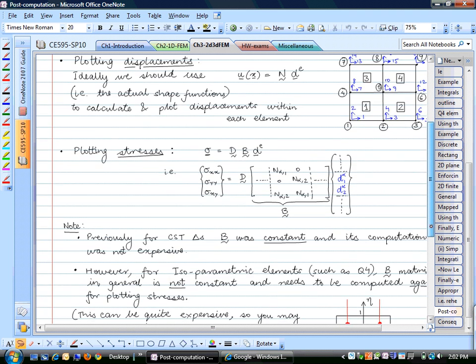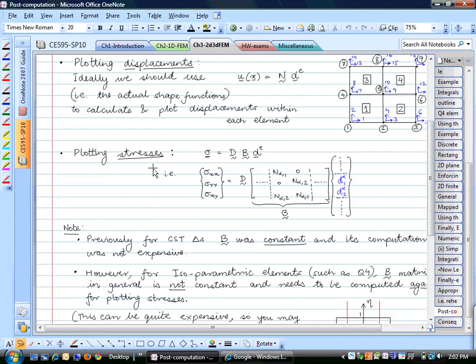So plotting displacements is not that big a deal, but plotting stresses is, especially for Q4 and higher order elements. If you remember from the triangle code, this was the line that we were using to calculate our stresses after our solution was obtained.